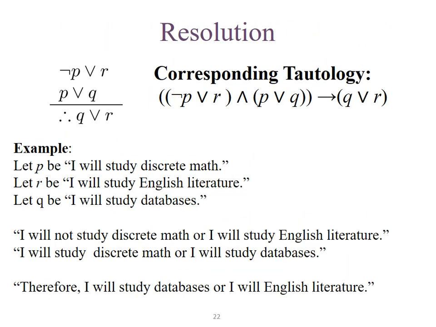If P or Q and we have not P or R, resolution tells us Q or R is true. Now we have A or I, not A or not W. By resolution, we have I or not W is true.